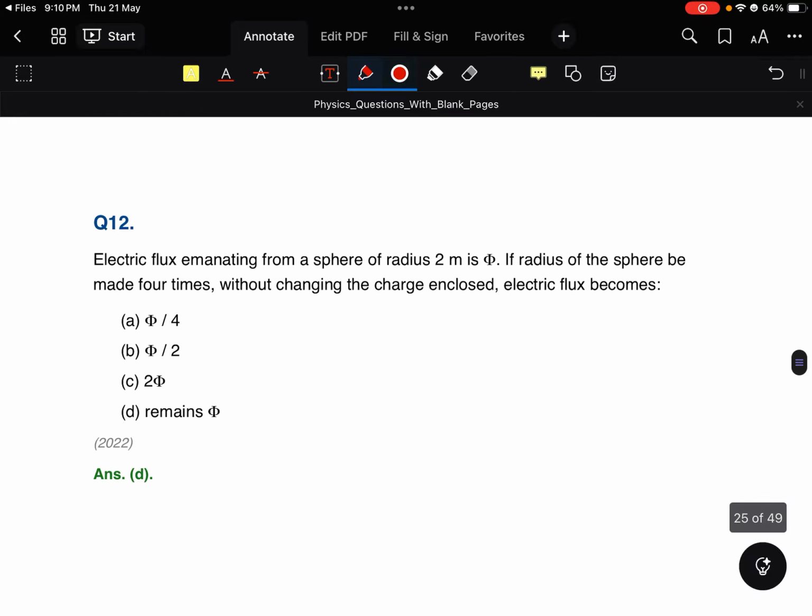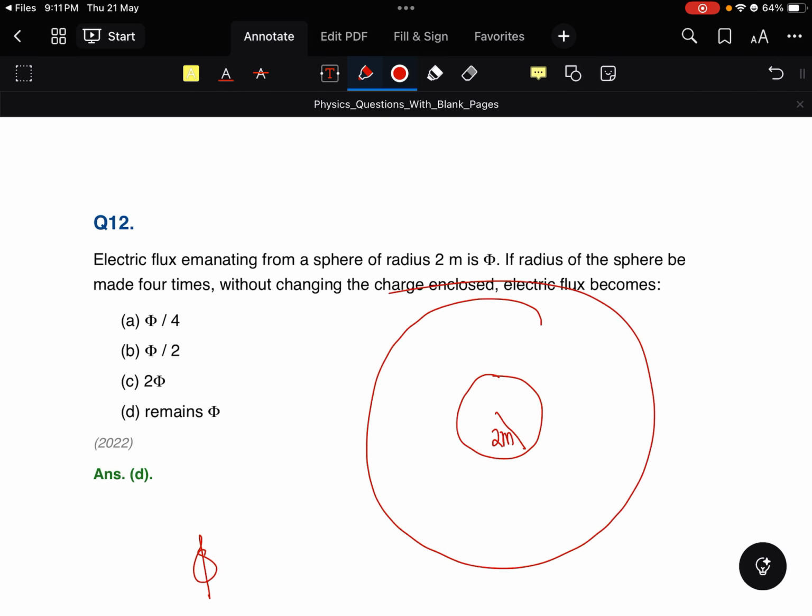Then next question you can see. Electric flux emanating from a sphere of radius 2 meter is 5. This is a sphere, its radius is 2 meter. How much electric flux comes out from here? 5. If the radius of the sphere is made 4 times, there will be no effect in the electric flux.